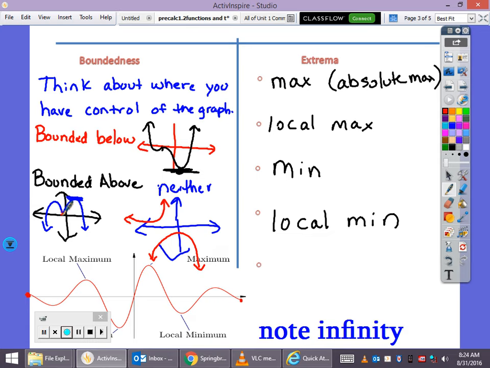It's a minimum for part of the graph. Does that make sense? And one other little piece, as you see, there's 5 bullets. There's not another type of extrema. It's just so that you know that local extrema sometimes are known as relative extrema.